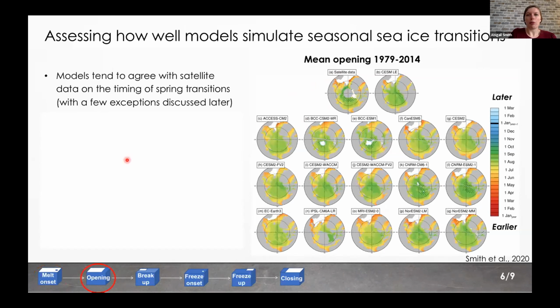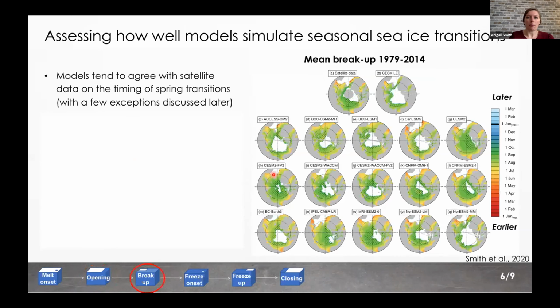But in general, as we move into opening, we see that the spring transition dates continue to look consistent between the models and the observations. Opening, as you'll remember, is when ice passes below that 80% threshold in concentration. And so you do see in some models that we start to get areas where that criteria is not met in some parts of the Arctic. And that becomes increasingly important as we go into breakup, which is that 15% threshold.